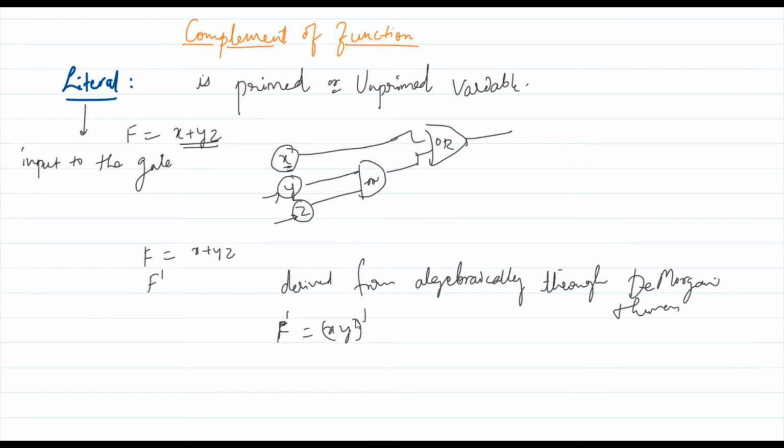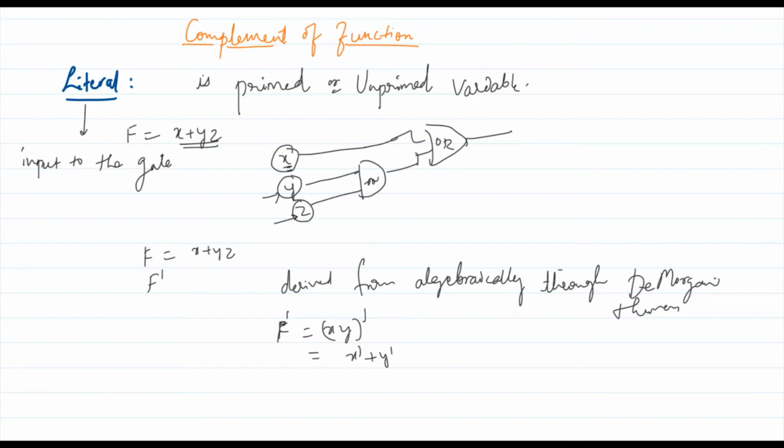The whole complement of any product is equal to the sum of the individual complements, that is x prime plus y prime. This is our De Morgan's theorem. So any given function can be complemented or derived from De Morgan's theorem.